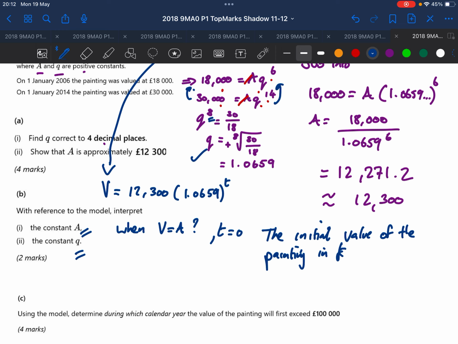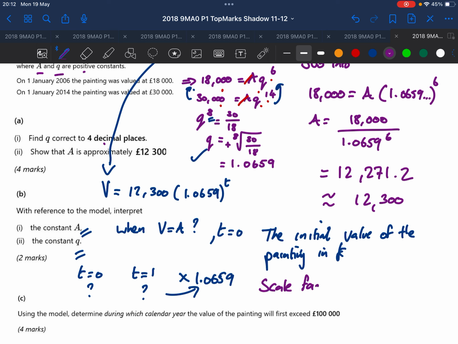What's Q doing then? So Q is a bit more complicated. One way that you could do this is you could examine what happens when t is 0, and then you could look at t equal to 1. And what you'll notice is it will increase by 1.0659. So what's this doing? It's the percentage multiplier, or scale factor is another good term.